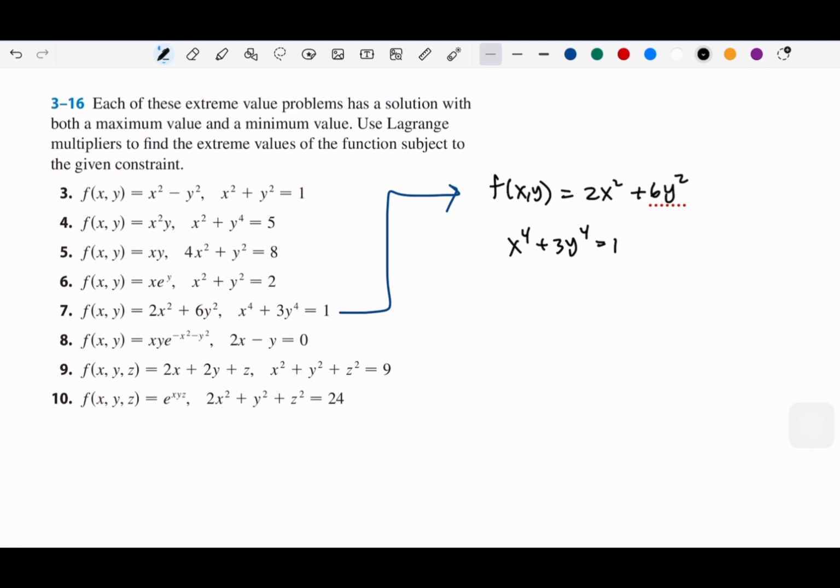So if the question doesn't specify the method, basically you can use whatever method. But if you are given the function and some restriction or constraint, another function that has some constant value, it means that you can try the Lagrange. But how about if we are not using Lagrange? Basically what you need to do is find the critical points like the previous method. Partial x equals 0, partial y equals 0.